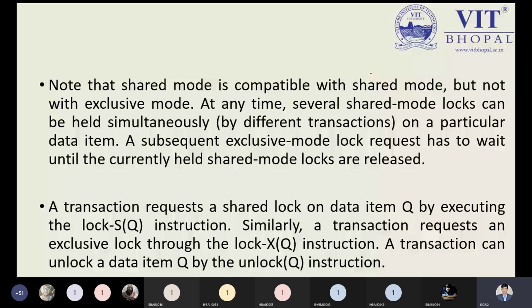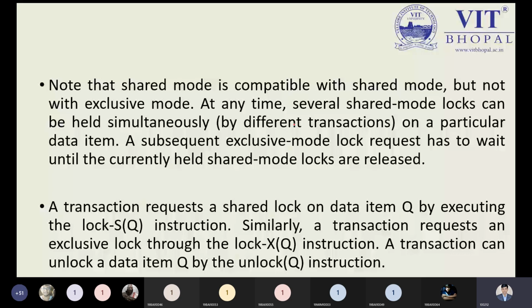So how can the lock be released? We have the unlock. A transaction requests a shared lock on the data item Q by executing lock-S(Q). Q is our data item, and lock-S is the shared lock instruction. Similarly, a transaction requests the exclusive mode on the data item Q through the lock-X(Q) instruction.